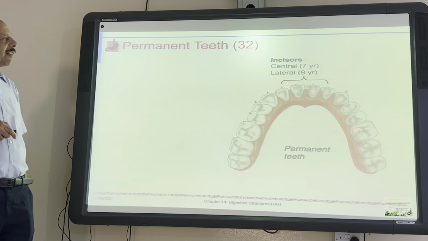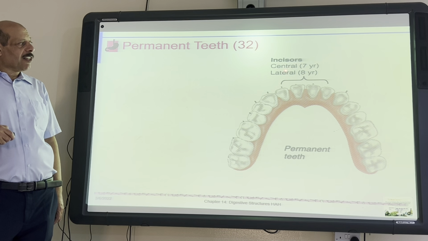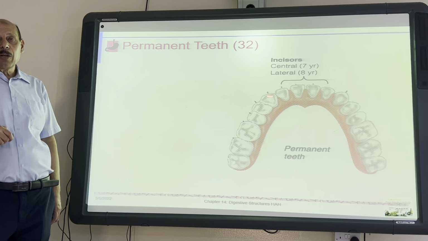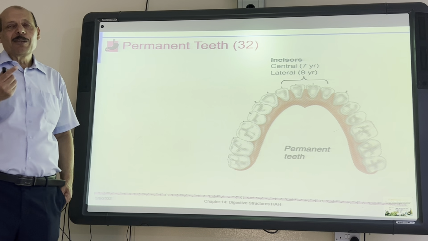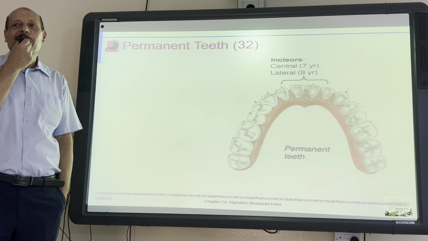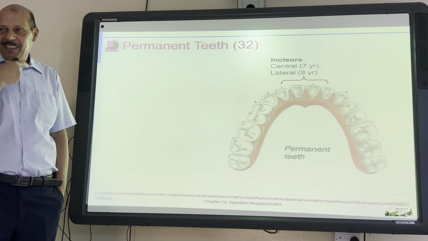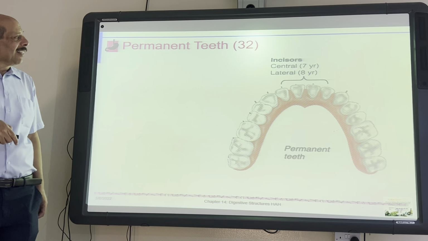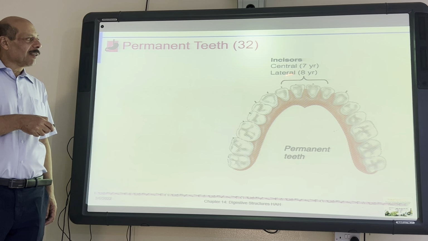This is the permanent teeth. The incisors will erupt from 6 to 7 years. So at grade 1, usually you will find children with some missing teeth because they fall out in order to have the new ones. And the second incisors at about the 8th year.